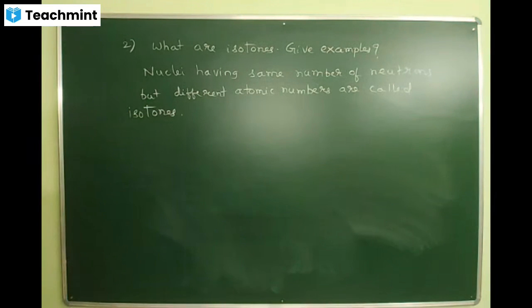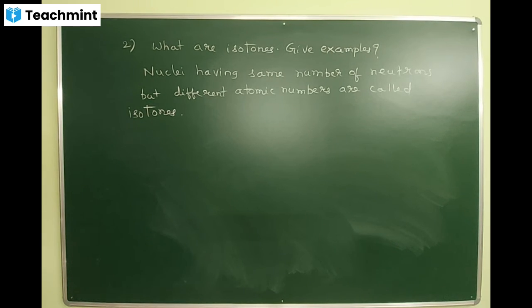Nuclei, they are having same number of neutrons, but they are having different atomic numbers. They are called as the isotopes. What is the example for this?